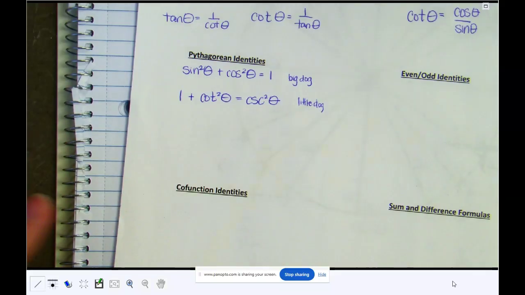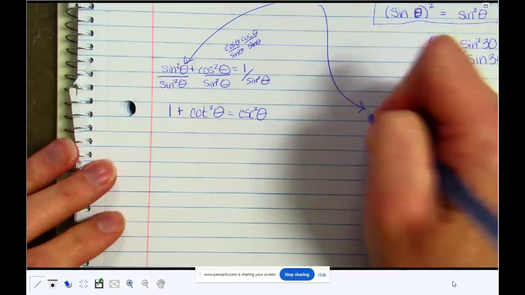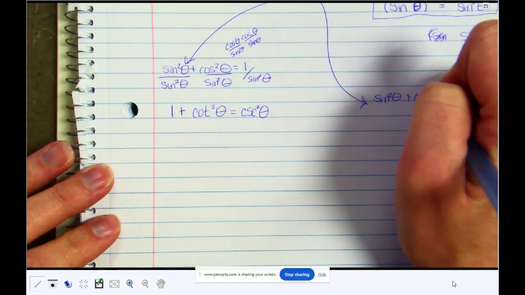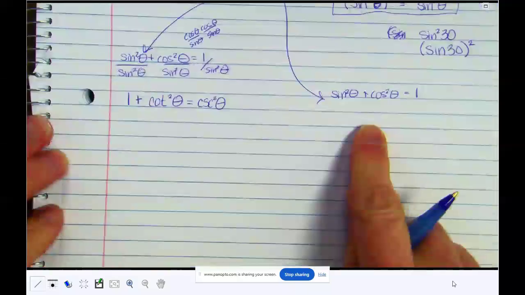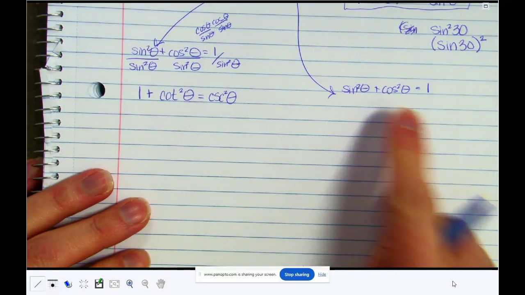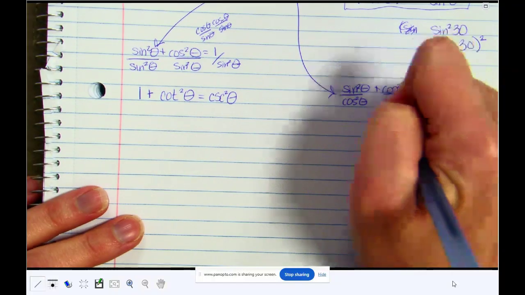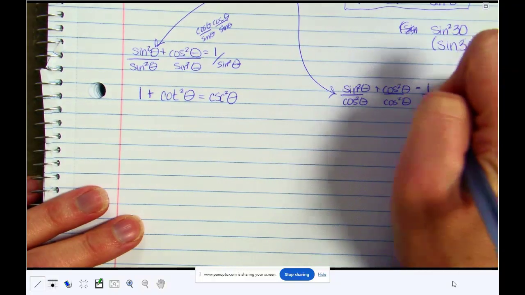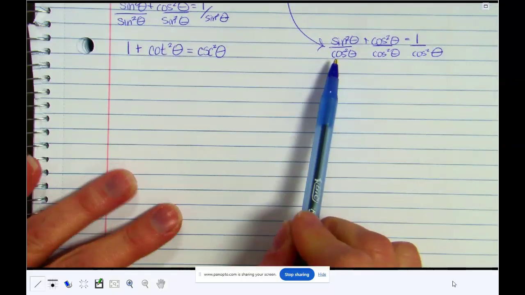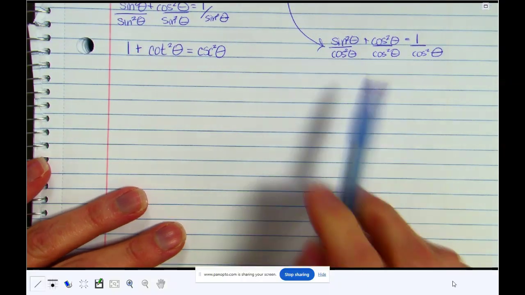Okay, so same person said, oh, what happens if we divide by cosine? Yep. Tangent squared.